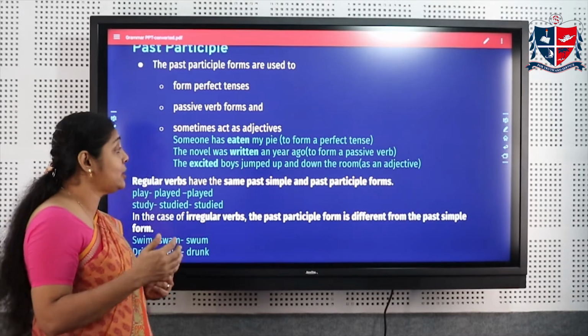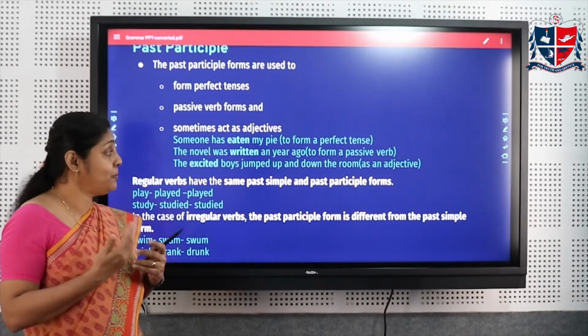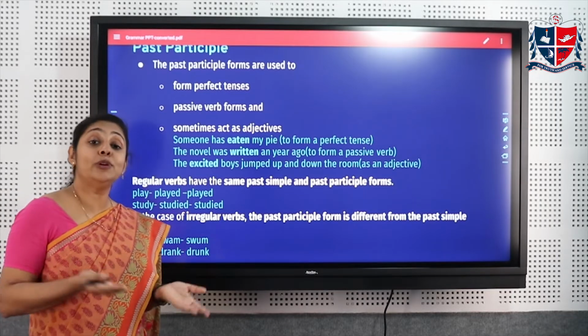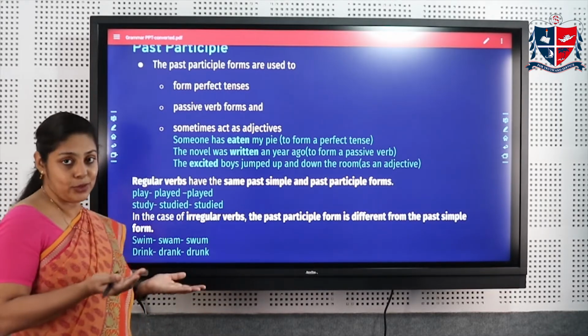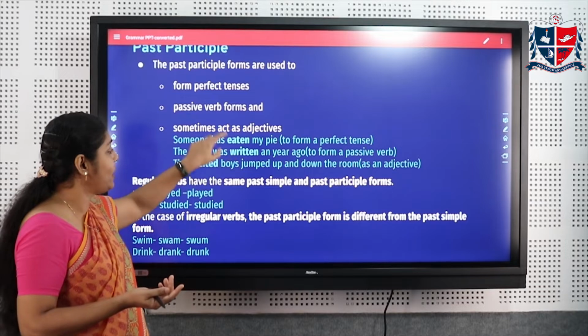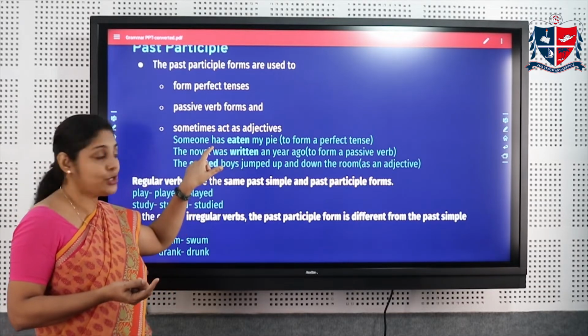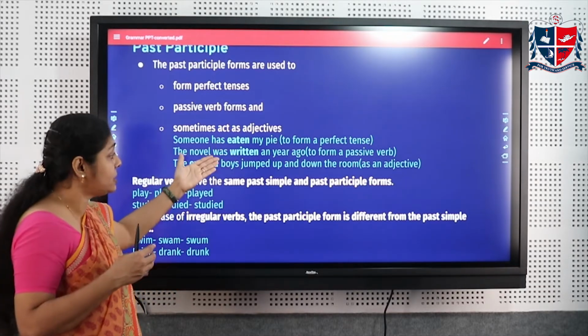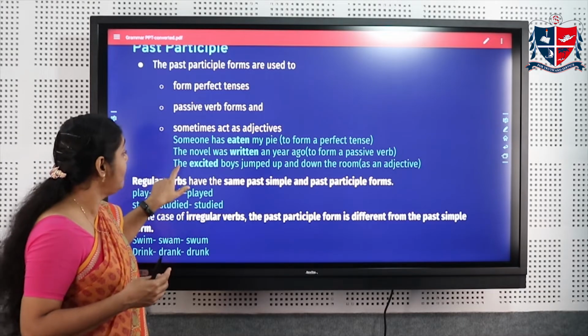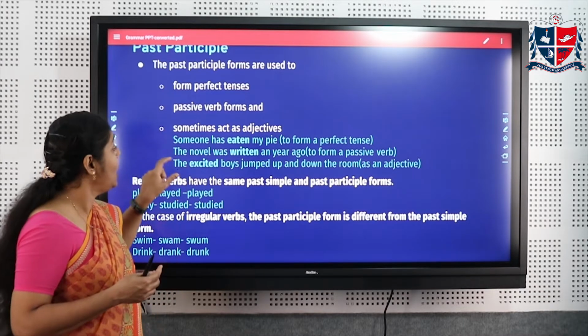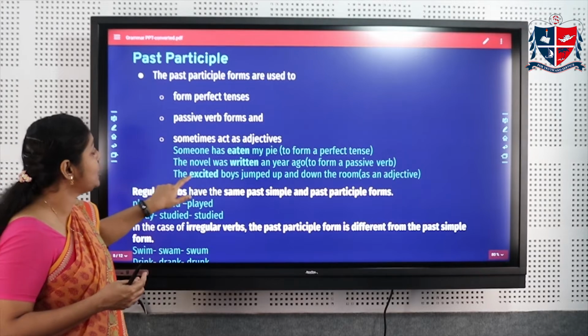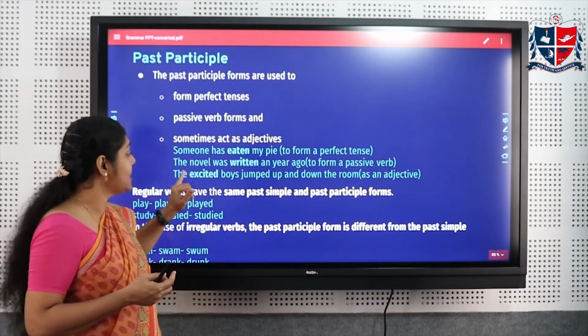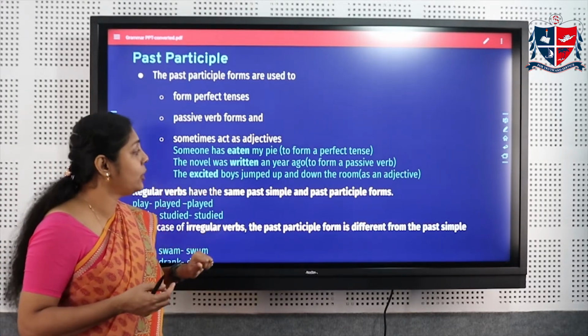She wrote a novel a year ago. And suppose I ask you to change it into the passive form, you'll have to say the novel was written by her a year ago, right? So this past participle form is used to show the passive form, right? Then you have this next sentence where the past participle form is used as an adjective. The excited boys jumped up and down the room.